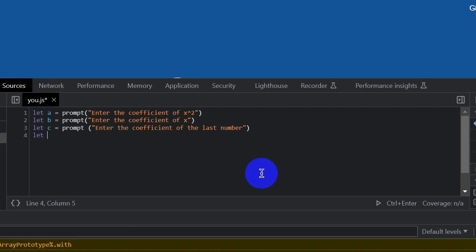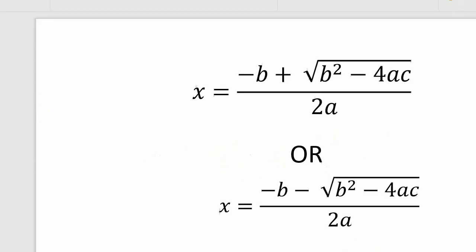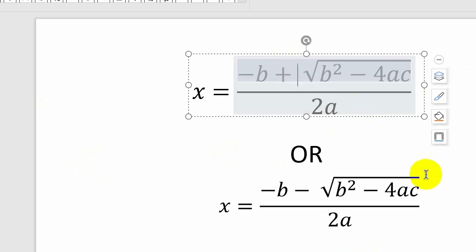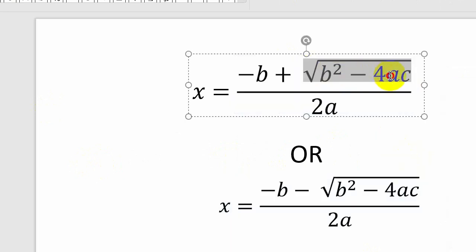Let me just name it Abdul. Abdul equals to... I want to tell you to write this part. This is very important, so you just have to listen.